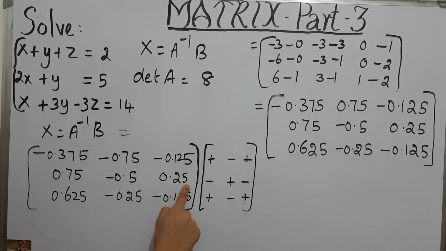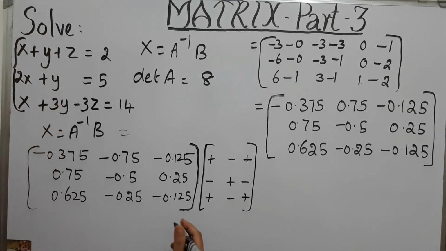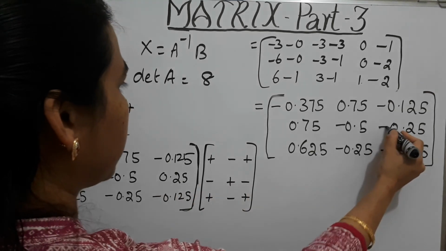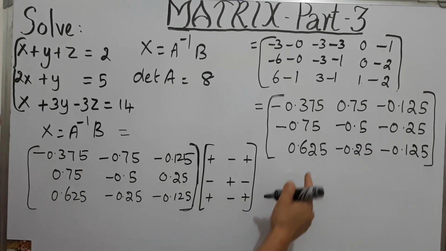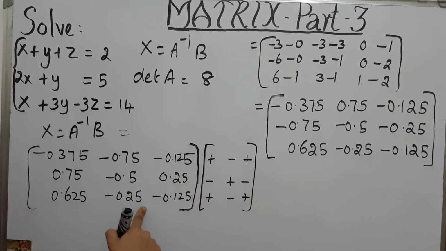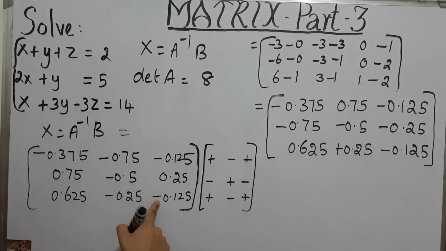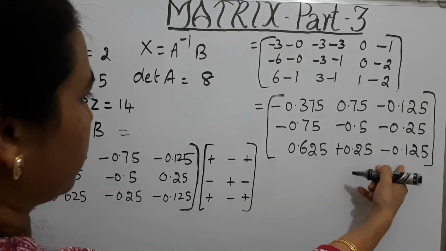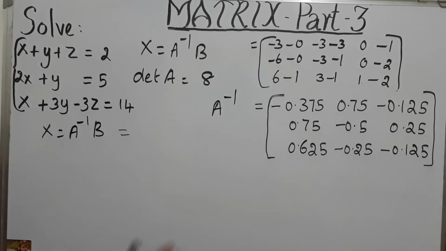So 0.25 with minus will become minus, and 0.75 with minus will become minus. And 0.625 times plus will become 0.625, and minus 0.25 with minus will become plus. And this one minus with plus will become minus. So the A inverse value is this one.